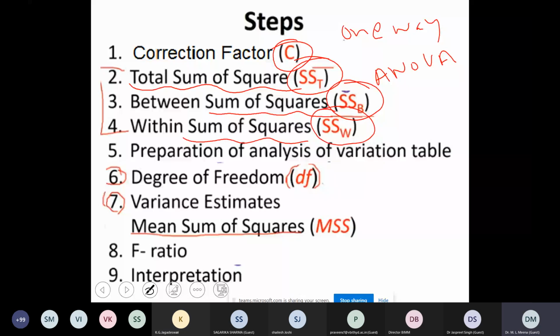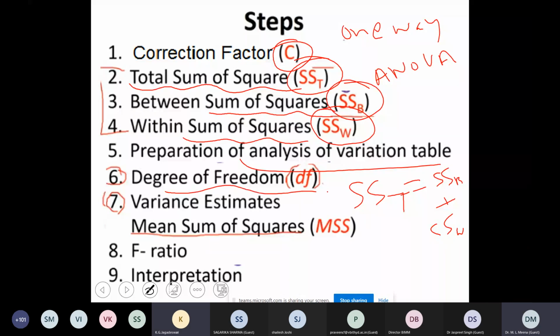The sum of SSB and SSW is equal to SST, the total sum of square. So SST equals SSB plus SSW. After that, draw the one-way ANOVA table. After that, find the degrees of freedom, then the mean sum of square MSS, and finally the F ratio.